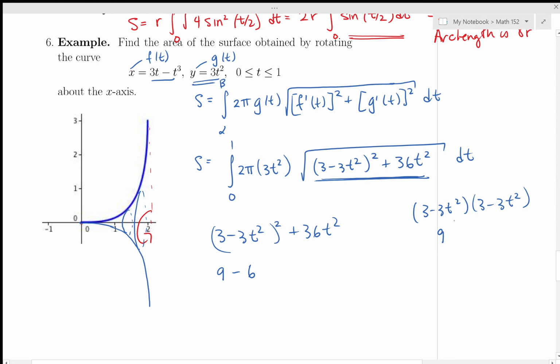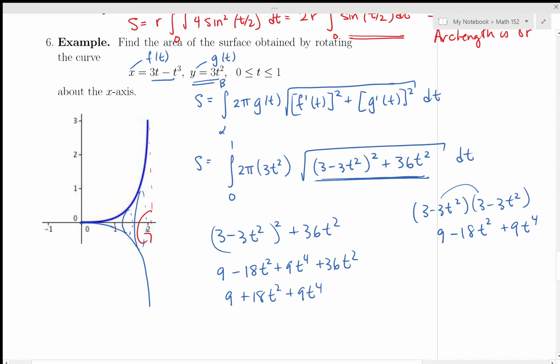That's going to be 9, and then I get minus 9t squared and minus 9t squared, minus 18t squared, plus 9t to the 4. So that's going to be minus 18t squared plus 9t to the 4 plus 36t squared. That's going to be 9 plus 18t squared plus 9t to the 4.